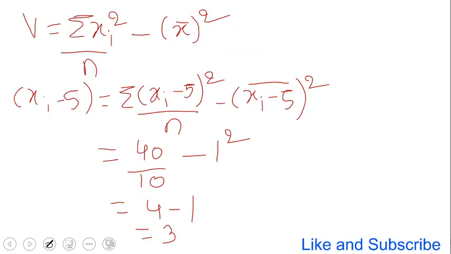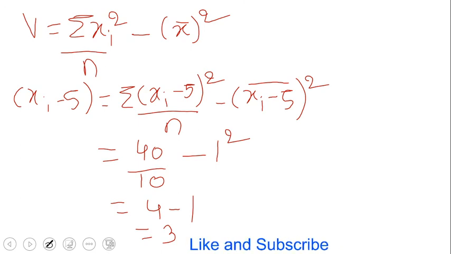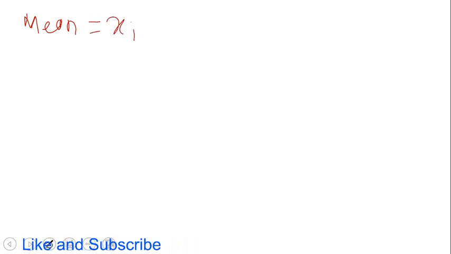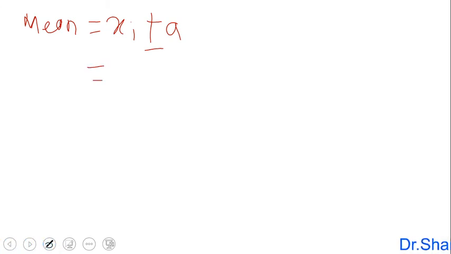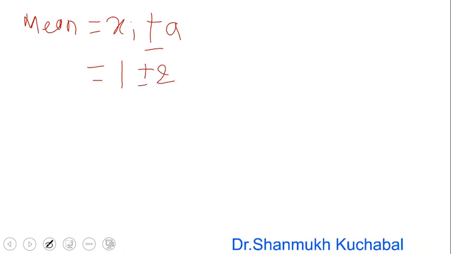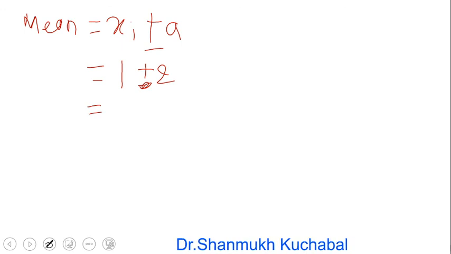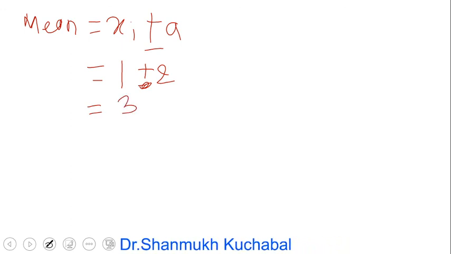Next we will go for the mean here. So the variance is 3, then the mean is xi plus or minus a. So the mean is 1, and our a is 2. Okay, so taking the absolute value as 2, 2 plus 1, we get 3.